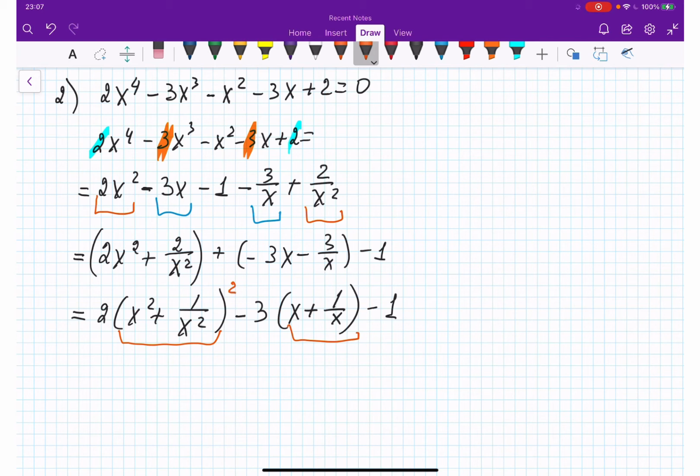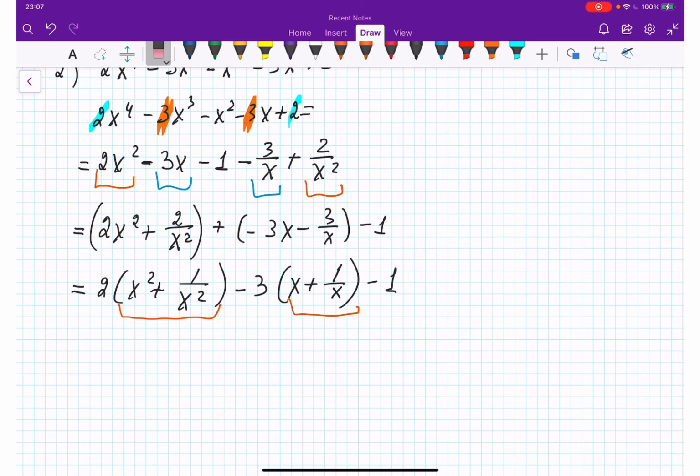So it would be, let's say with substitution, y squared, 2y squared minus 3y minus 1, right? So this is what I'm going to do. I'm going to adjust. And if you remember the method of completing a perfect square, just make it complete. That's exactly what I'm going to do.